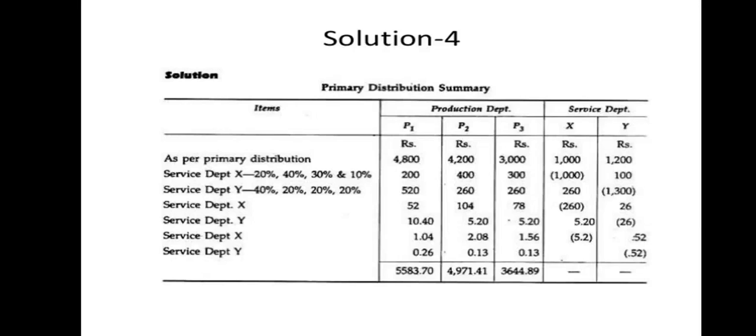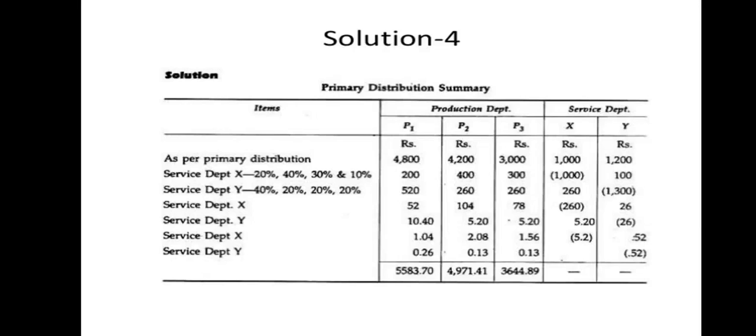Production department, service department. For the service department X, production department 1 is going to be charged 20%, production department 2 40%, production department 3 30%. Because it is service department X, it has nothing, and service department Y 10%.